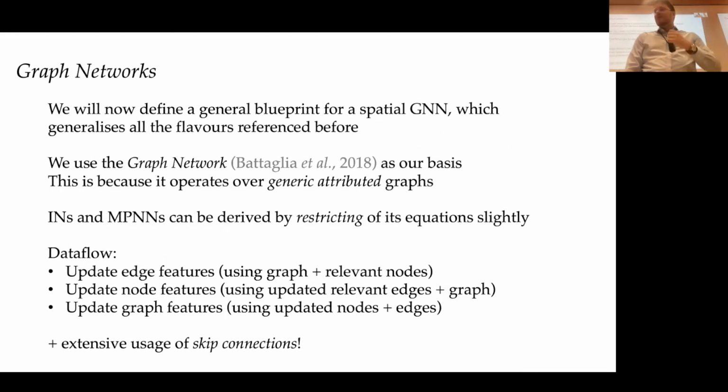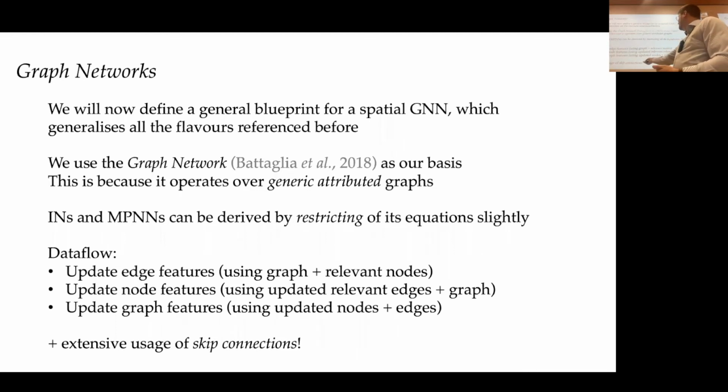Okay. So we'll talk now about a blueprint for a spatial GNN, which generalizes all the flavors you've seen so far. That's DeepMind's graph network model. I use it because it's the first model proposed that truly operates over all three of these types of inputs simultaneously, even though you can obtain interaction networks and message passing networks just by restricting the equations slightly, okay? And our general strategy for one layer of data flow is: you first compute your updated edge features by using the graph and relevant nodes.